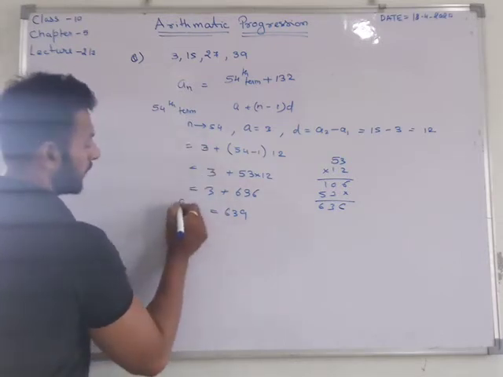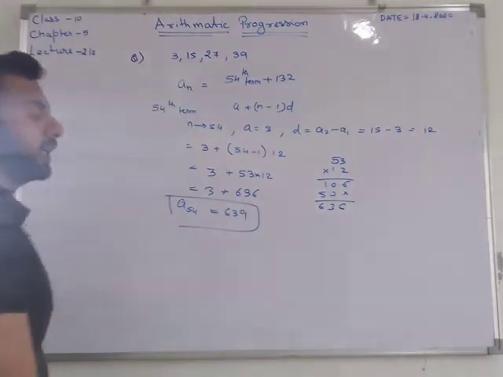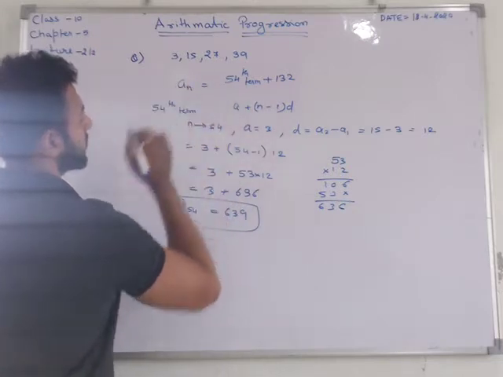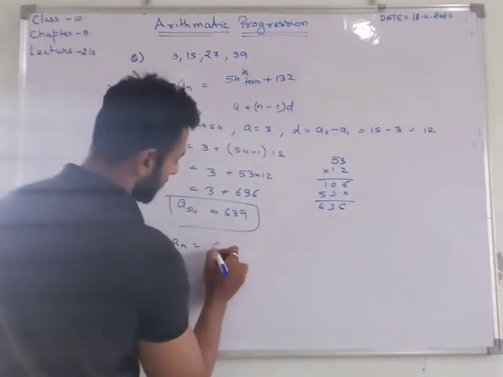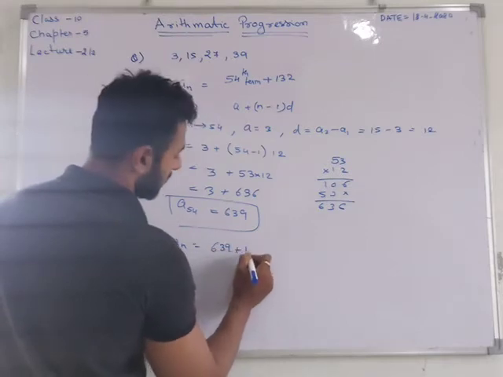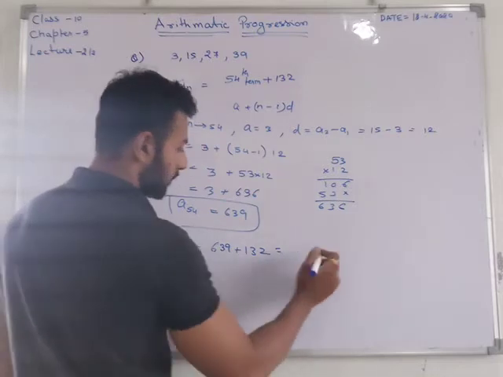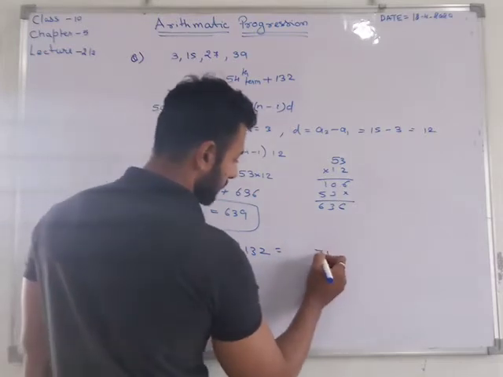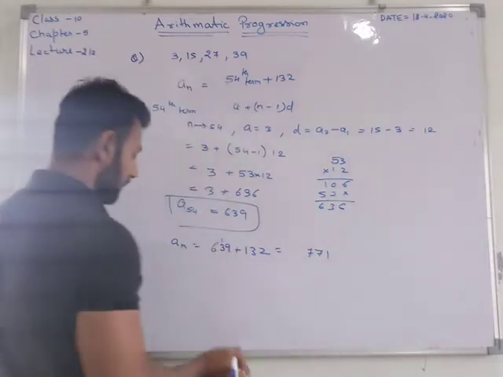So the 54th term, A54, is 639. Now substituting this value, an is equal to the 54th term, 639, plus 132. Solving this, we will be getting 771.